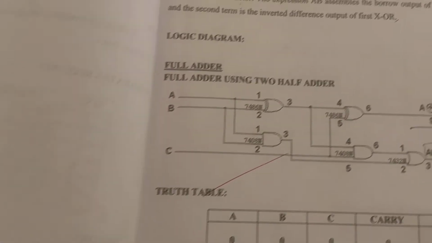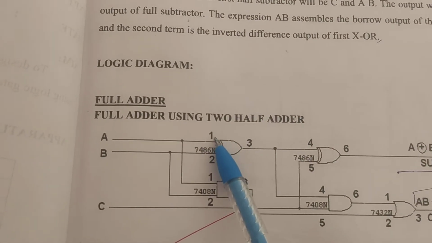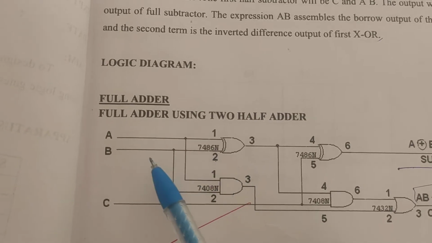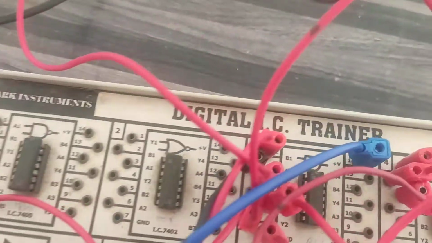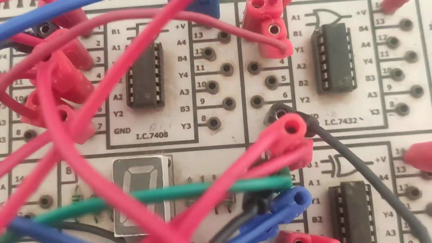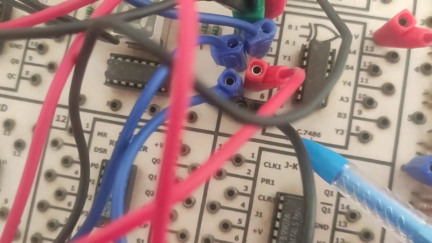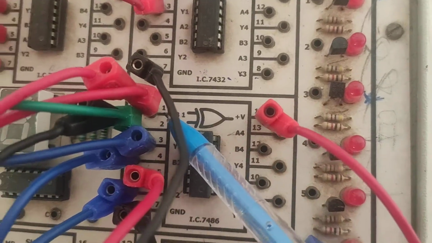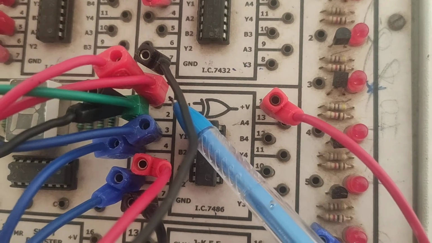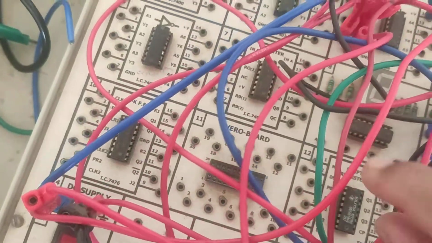Now see the connections in the logic circuit diagram. The inputs of XOR gate 1 are input A and B. See, the XOR gate IC input, pin number 1, is given to this input.